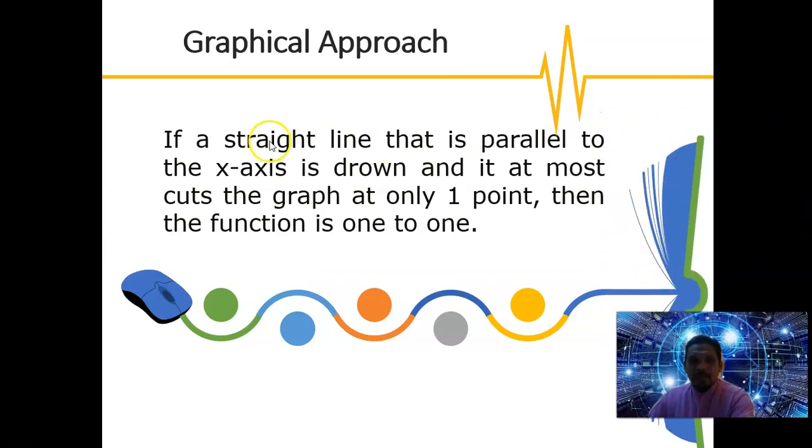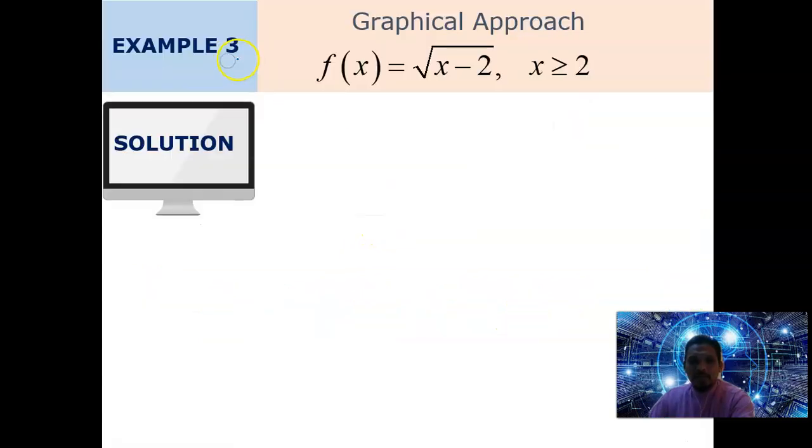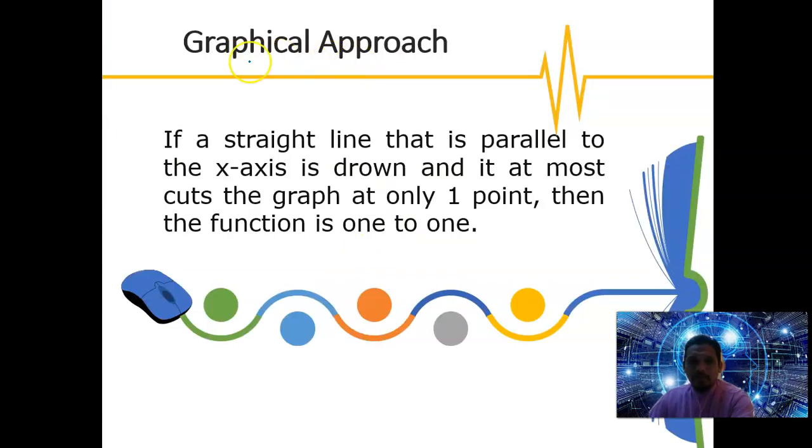Okay, so if a straight line that is parallel to the x-axis is drawn and at most cuts the graph at only one point, then the function is one-to-one. So this is the graphical approach, which I think we have seen before. We know that we have an x and also y axis.